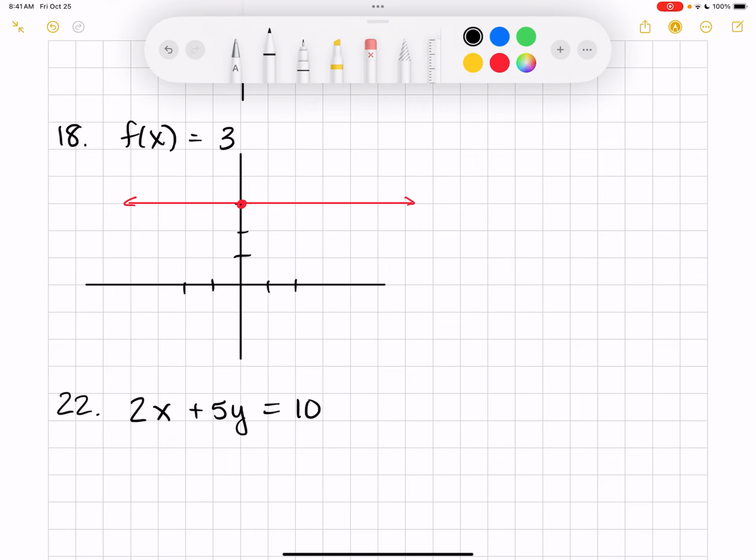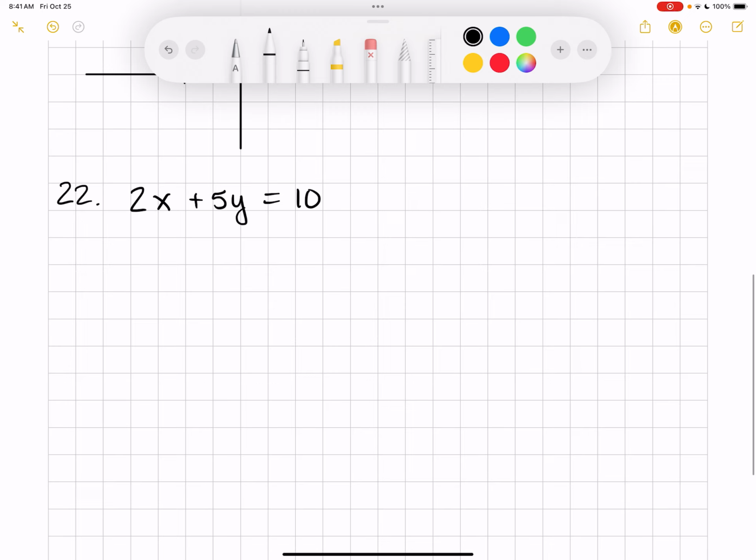You can either manipulate this function to get y by itself and put it in slope-intercept form, which is totally fine, or I can find the intercepts, where I use the cover-up method and solve for each one and figure out where it intersects the x and y axes. I would use that one. I think it's easier than having to plot slope and all the things.